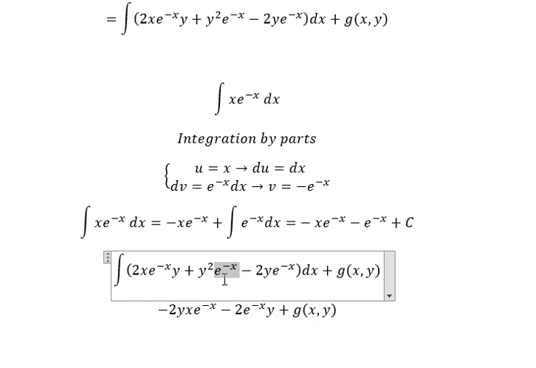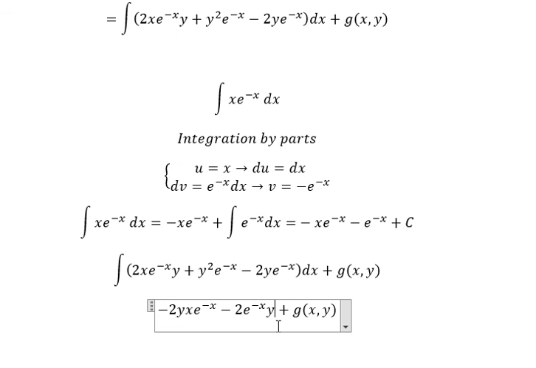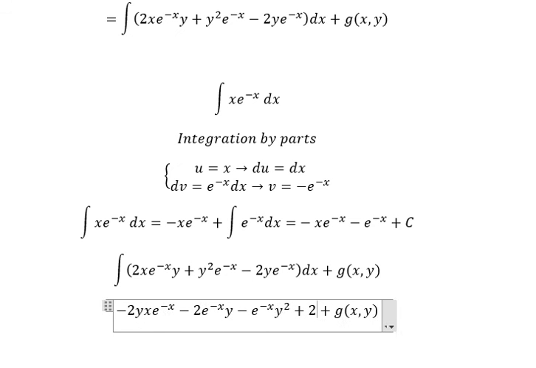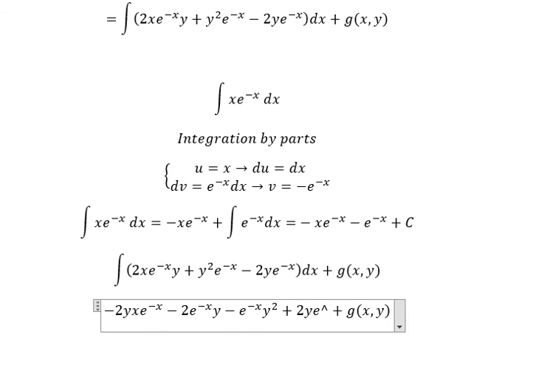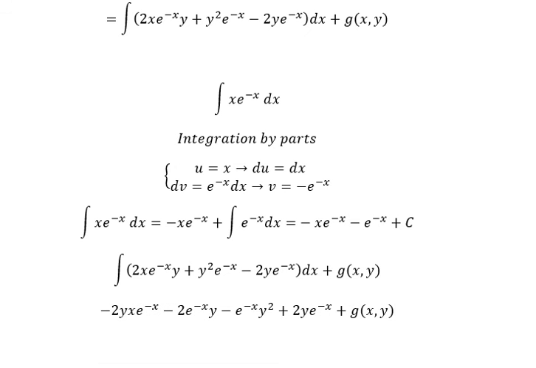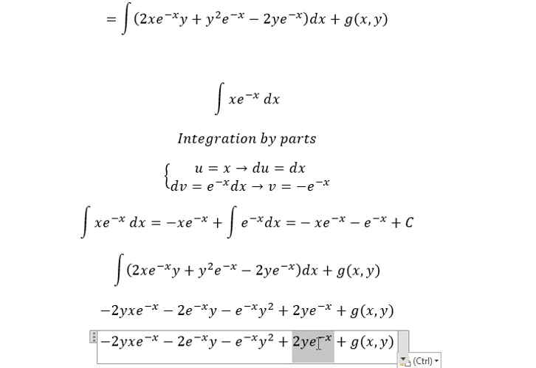The integration of this one, we have negative e to the power of negative s y square. And the next one, we have 2y e to the power of negative s. So this one and this one, they cancel.